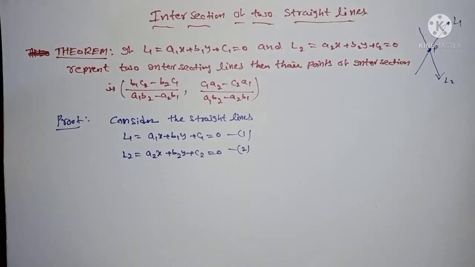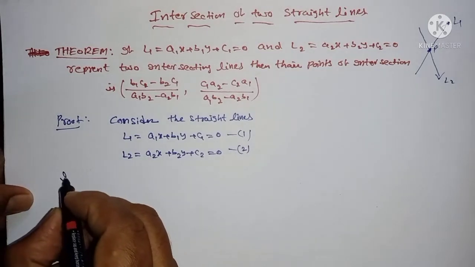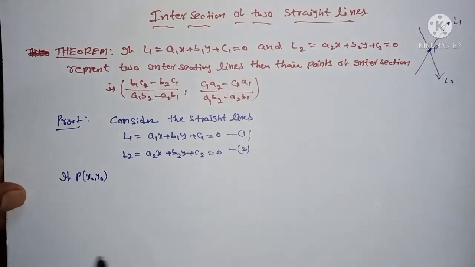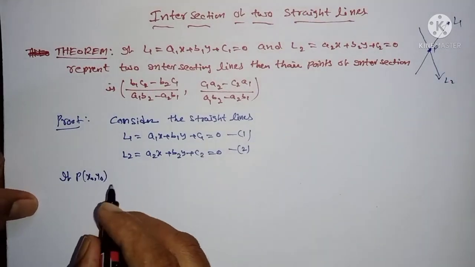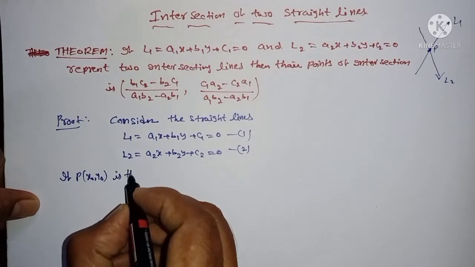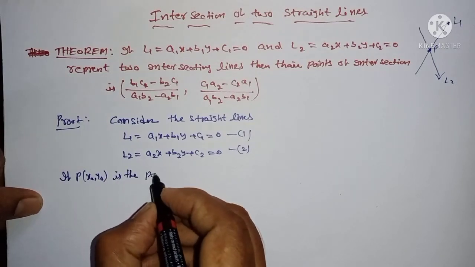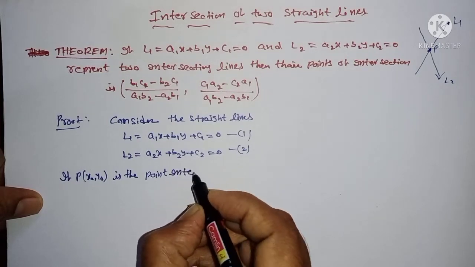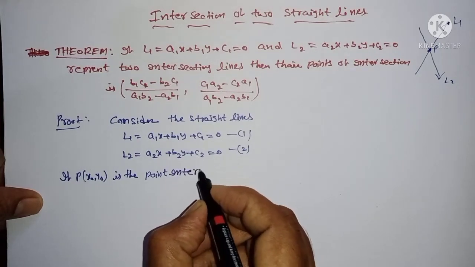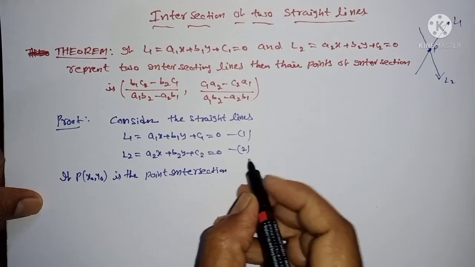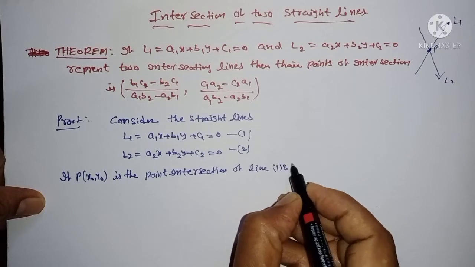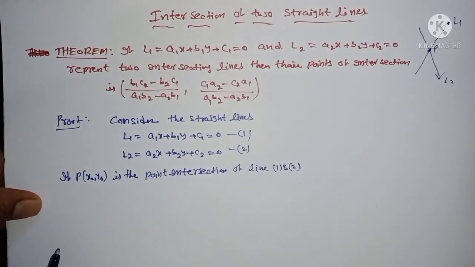How can you solve this? Assume that P(x0, y0) is the point of intersection of lines 1 and 2.